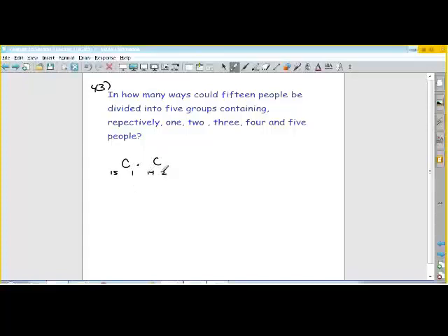The second step, you have 14 people left, and you choose 2 people out of those 14. Then you have 12 people left, and you choose 3 people out of those 12. Then you have 9 people left, and you choose 4 out of that. And finally, you have 5 people left, and you choose 5 people out of that.